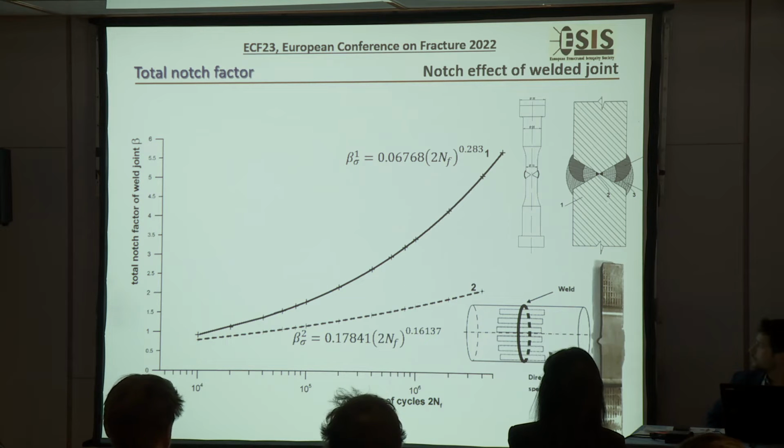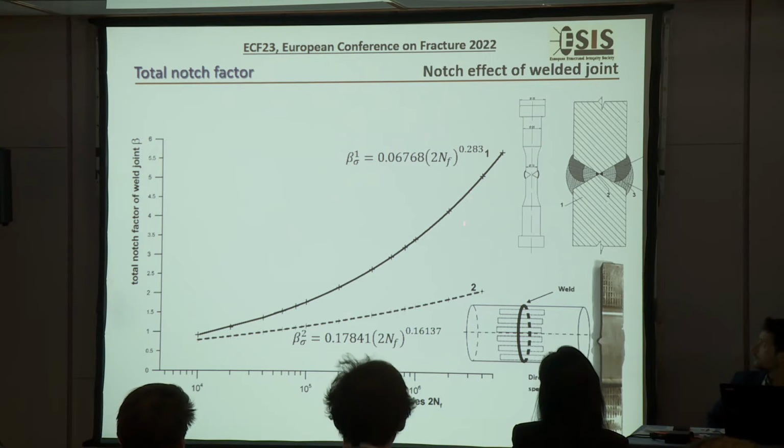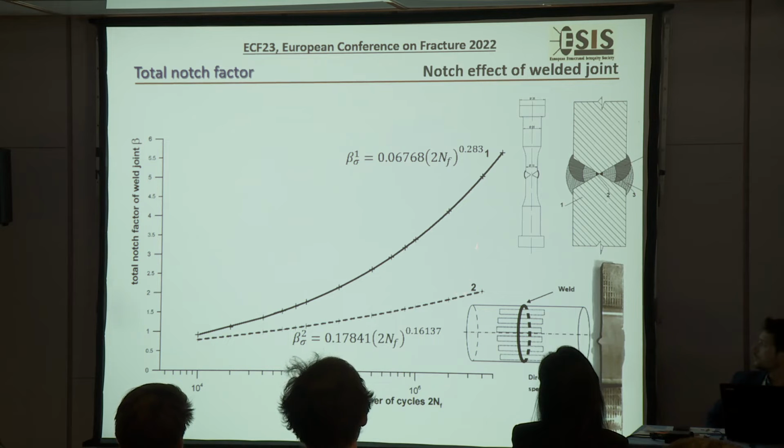This total notch factor is possible to express as a fitted line. This is the notch factor of the worst weld. This is the total notch factor of the best weld. Also, it's possible to see this range, this scatter of the possible notch factors in weld joints.